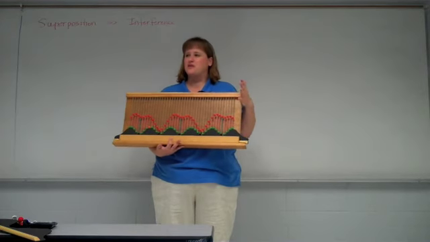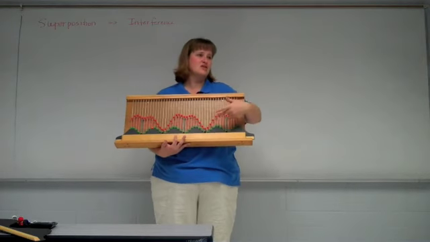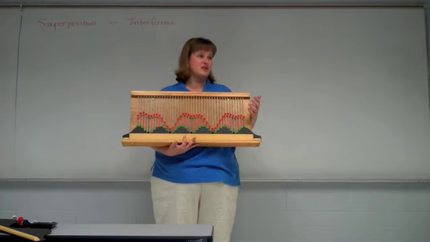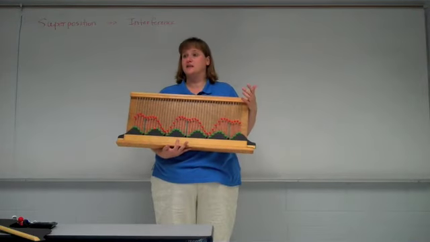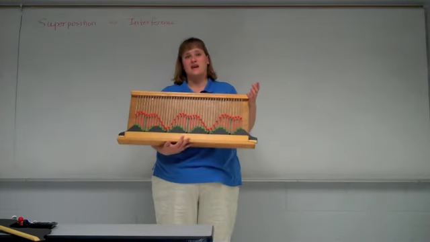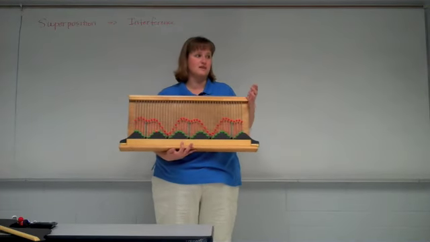But we don't get the perfect constructive interference. We don't have double the amplitude anywhere. And there's no way to line these up to get perfect destructive interference, to get a nice flat line. They can't line up perfectly because they don't have the same wavelength. And because they don't have the same amplitude, they also cannot cancel each other out perfectly.